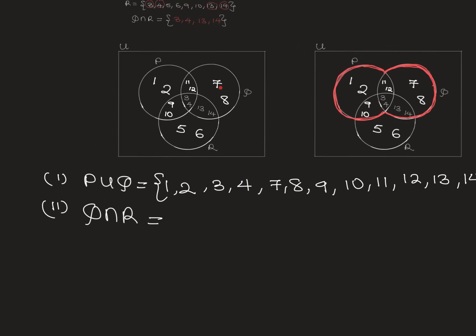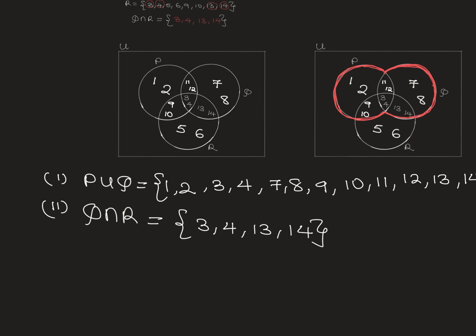From the diagram here, Q and R have intersected at 2 places, here and here. So Q intersection R is this region. So it's 3, 4, 13, and 14.